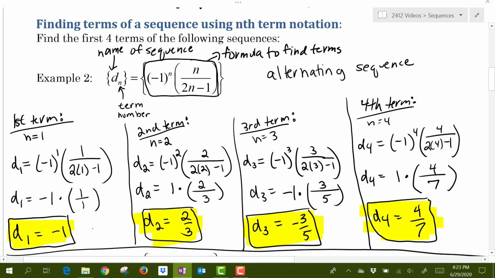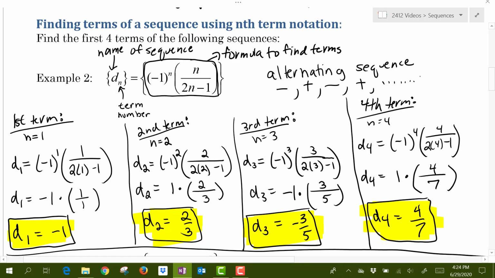So this is called an alternating sequence, because the signs change from term to term. It goes from negative to positive. The third term is negative, the next term is positive. So we will see that that pattern would continue on in an alternating pattern.